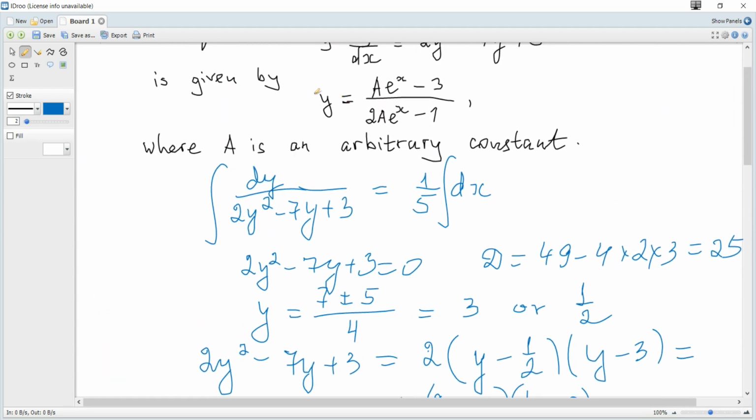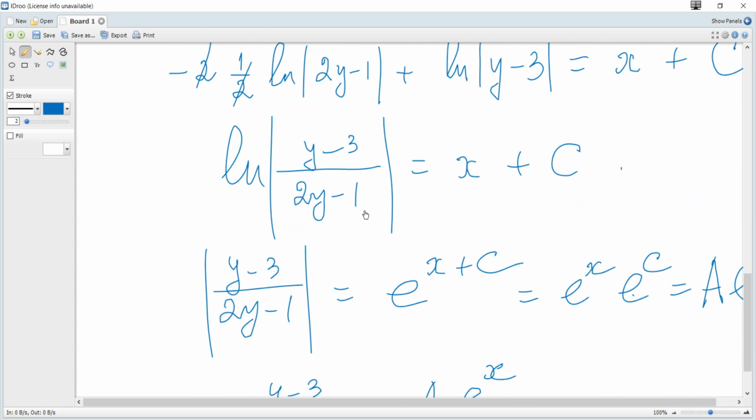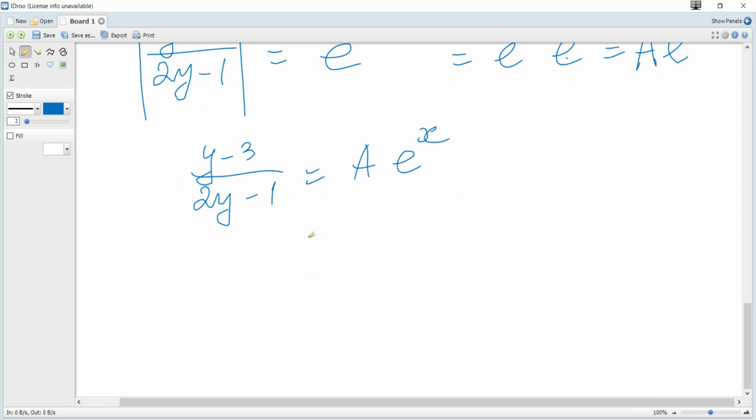and we need it to be solved for y. So just solve for y. It becomes y minus 3 is 2a e to the power of x times y minus a e to the power of x, minus y.